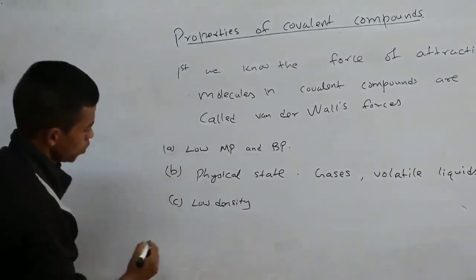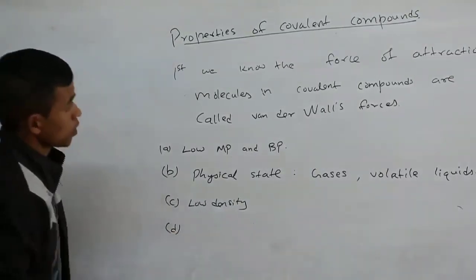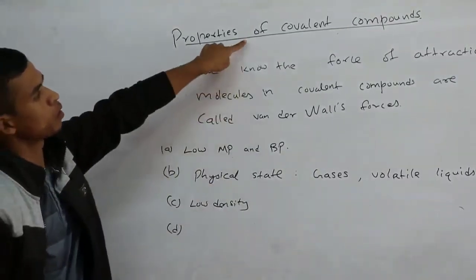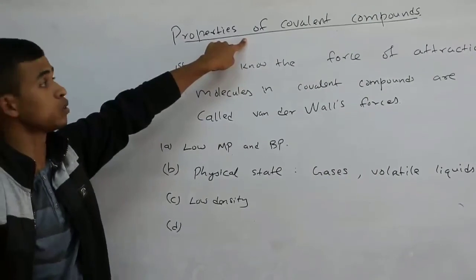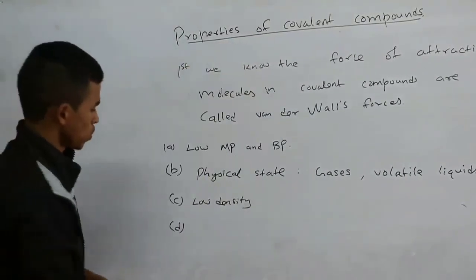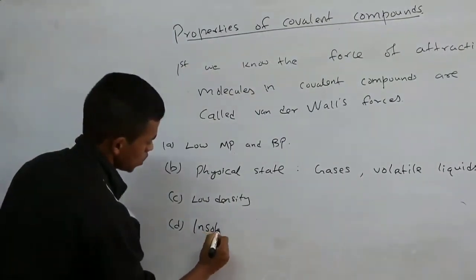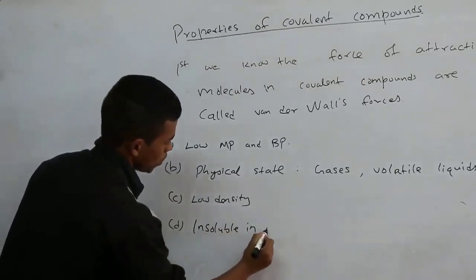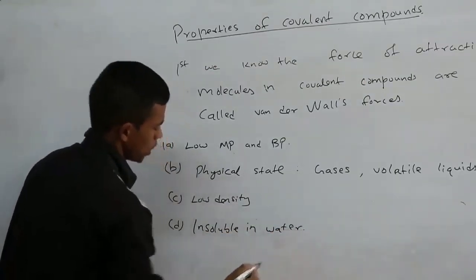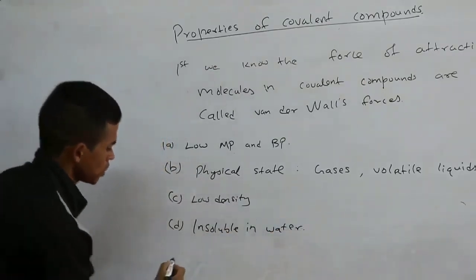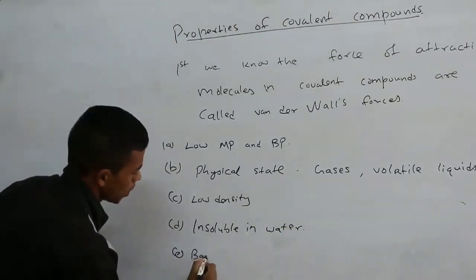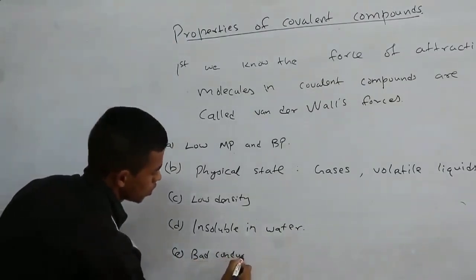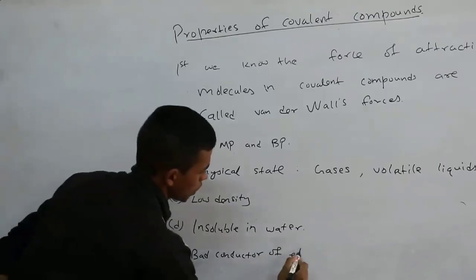And then we have two more. Because the covalent compounds are formed by sharing of electrons, they do not dissociate into ions. So that's why they are insoluble in water. Again, because of the absence of ions, they are bad conductors of electricity.